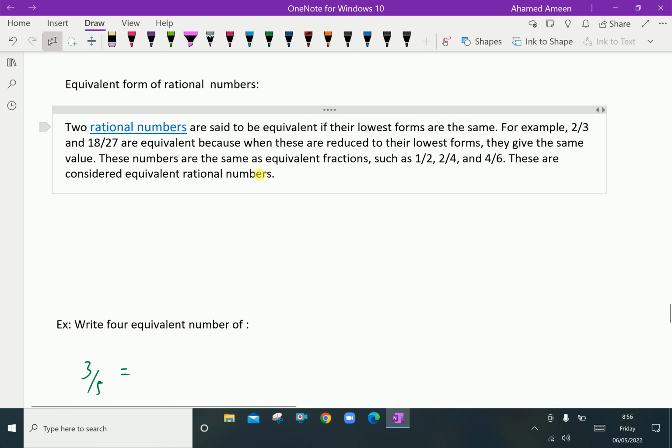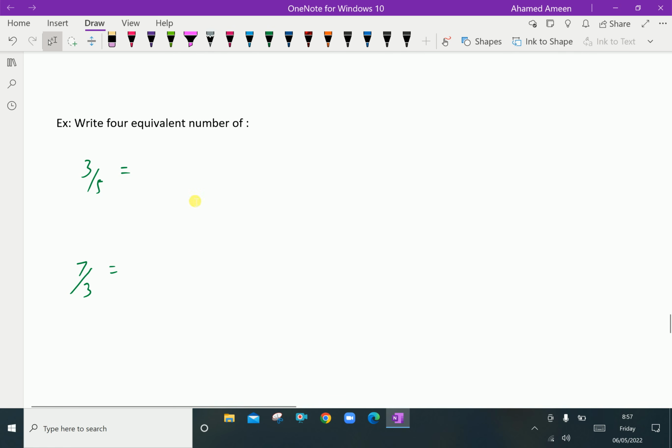Factors such as 1 by 2, 2 by 4, 4 by 6 are considered equivalent rational numbers because all of them can be reduced to the same value.